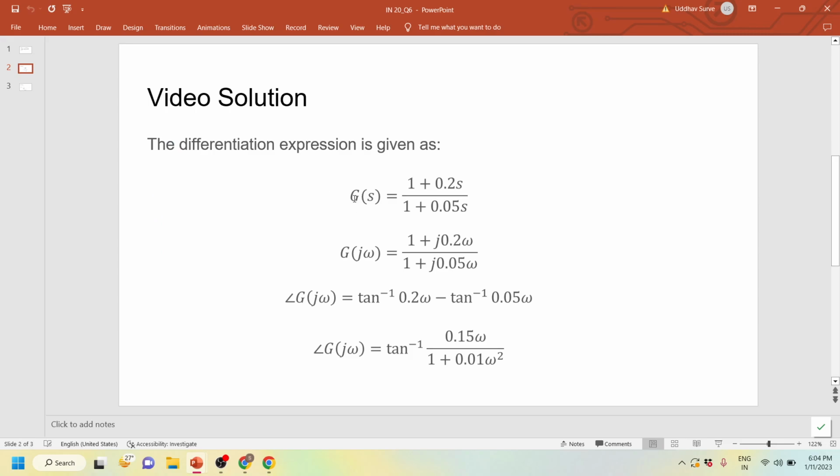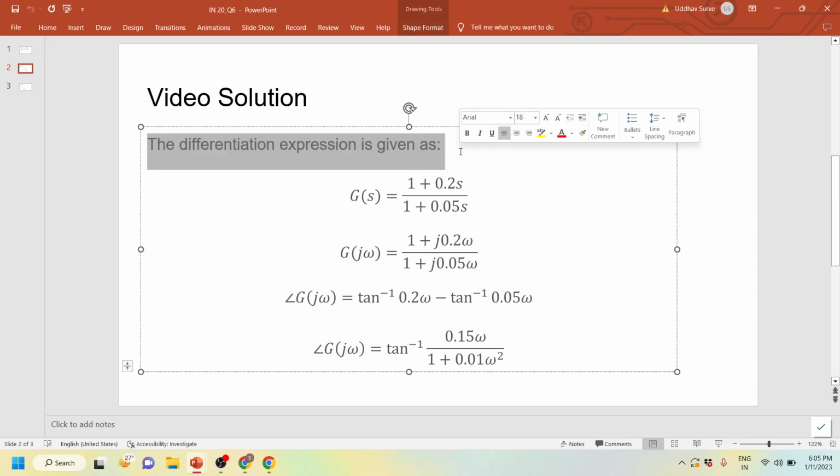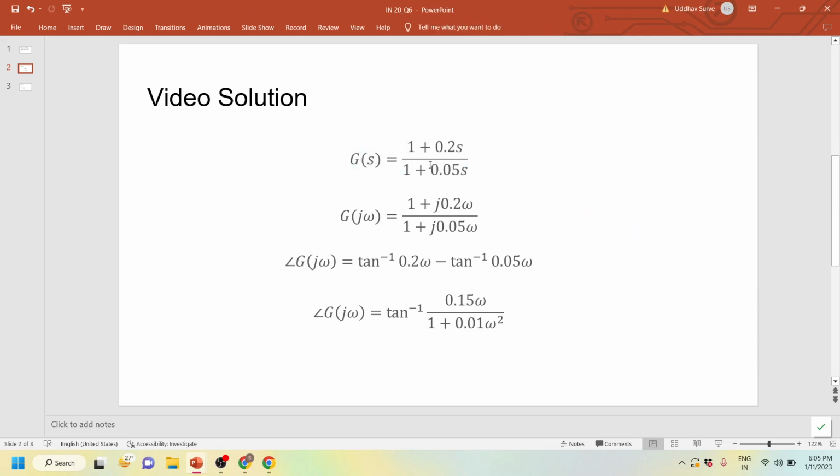So this transfer function is given. G(s) is equal to (1 + 0.2s)/(1 + 0.05s), where if we substitute s equal to jω, we get 1 + j0.2ω in the numerator and 1 + j0.05ω in the denominator.